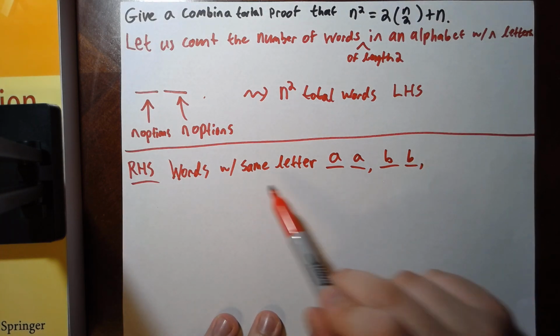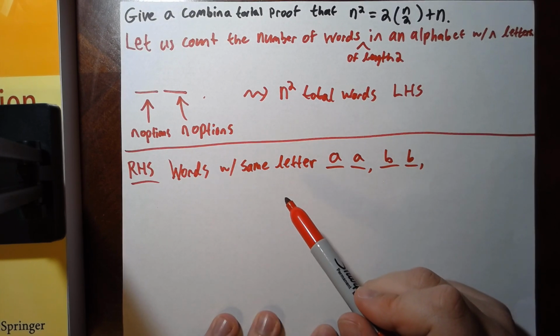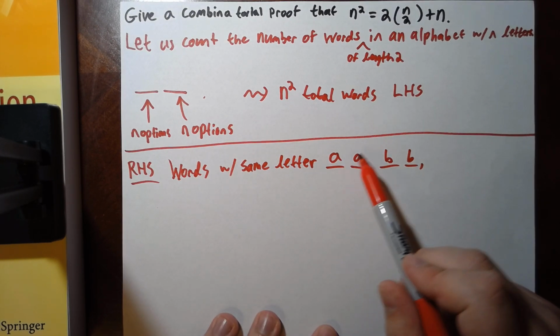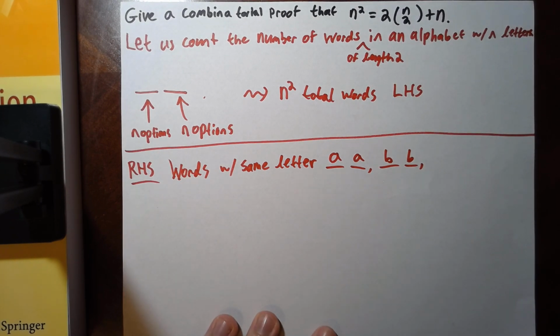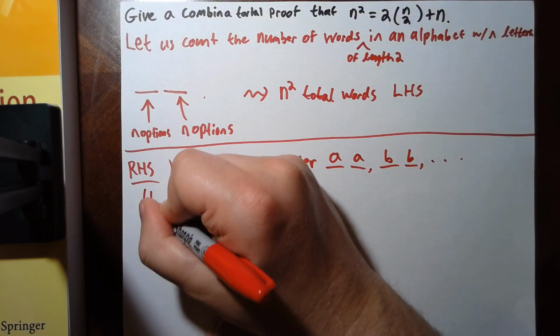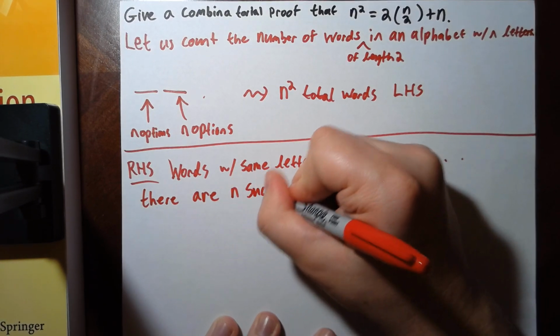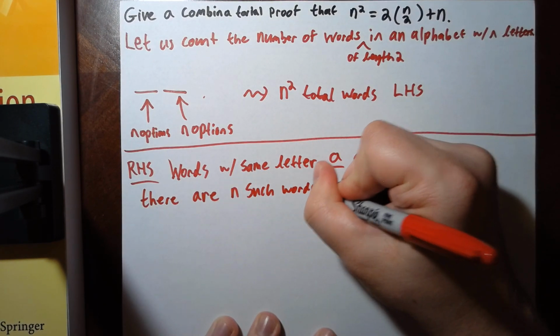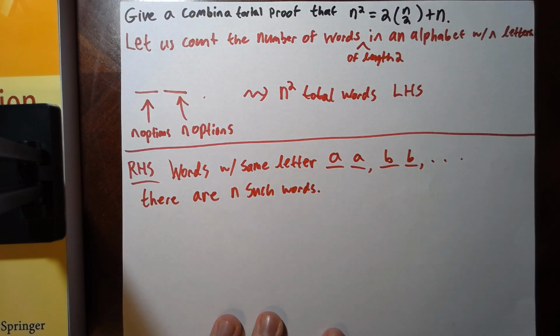So if you use the same letter in both positions, it's just going to be n, because you just choose the letter and that's both positions. So there are n such words.